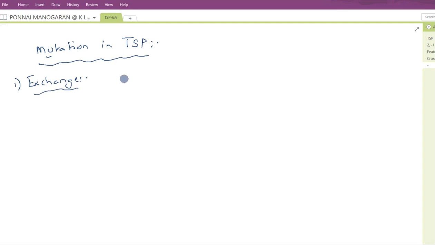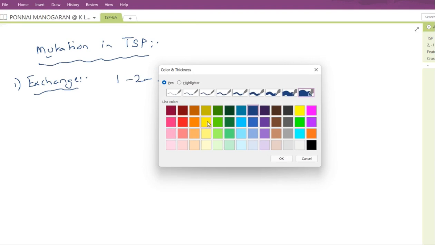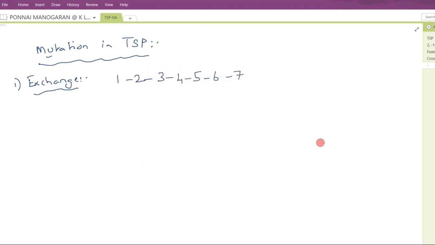Say for example, you have 1 2 3 4 5 6 7. This is the path. What you do is randomly select 2 points. Say for example, I selected this point and this point.